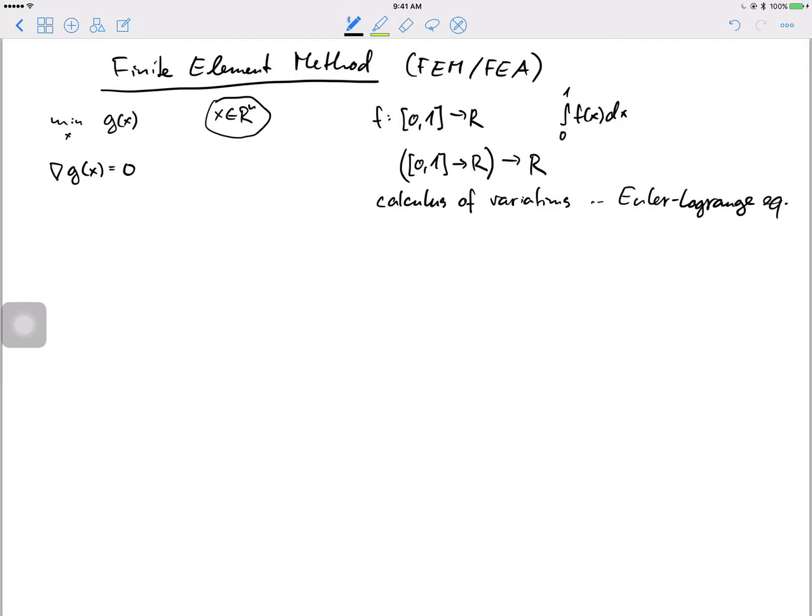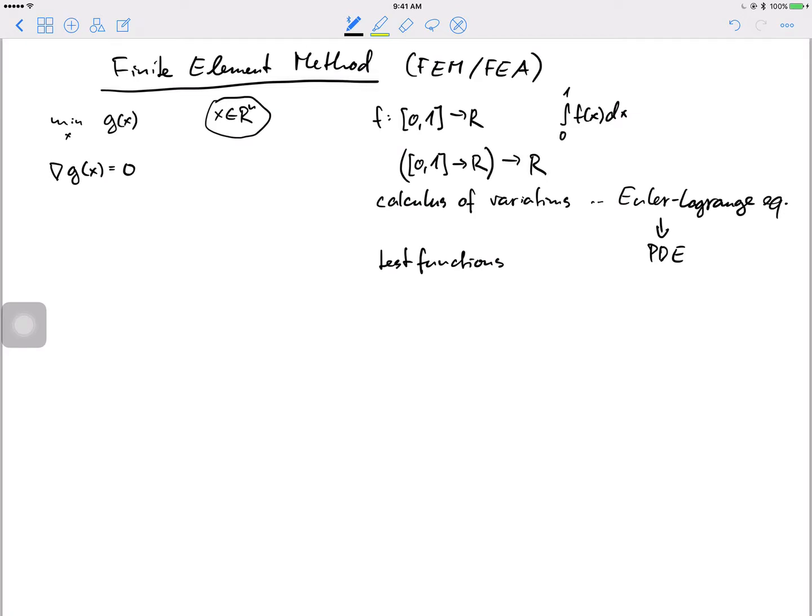What the Euler-Lagrange equation does is convert the variational problem into a PDE, partial differential equation. Okay? And then there is one more step: apply dot product with test functions. So basically you integrate both sides of the PDE against some set of test functions.